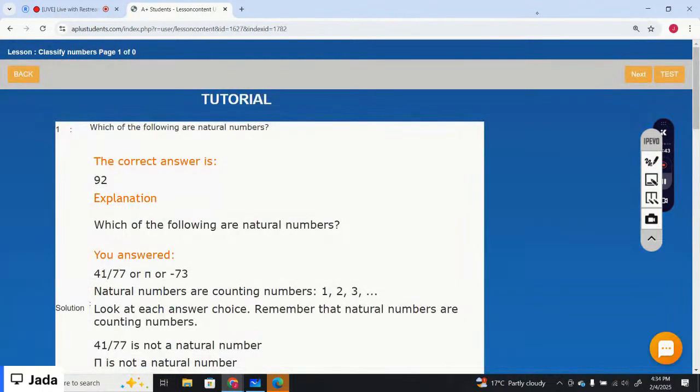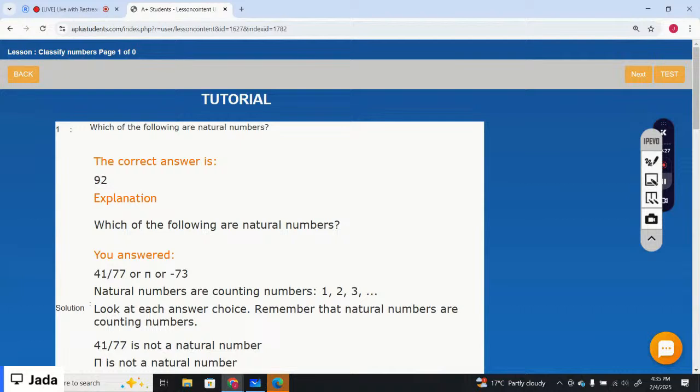The last lesson is classify numbers. Which of the following numbers are the natural numbers?